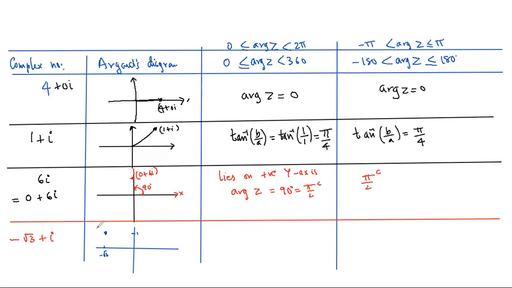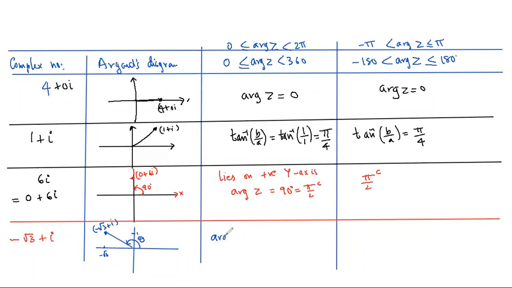So this point will be minus root 3 plus i. So this is the angle that we are talking about. This is the argument.